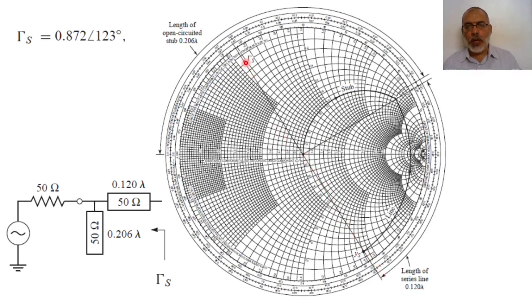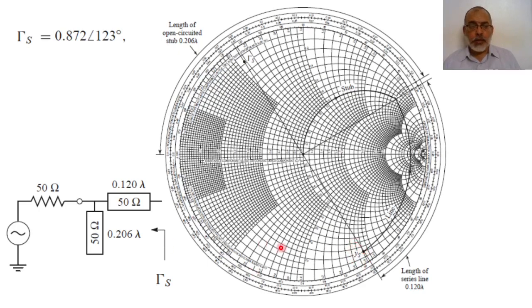And then we are going to allocate the point of Y source, the admittance of the source, at the same distance, 0.872 of the radius, but in the opposite direction. So this is the admittance seen by the transistor looking towards the source. So this is Y source. Alright?